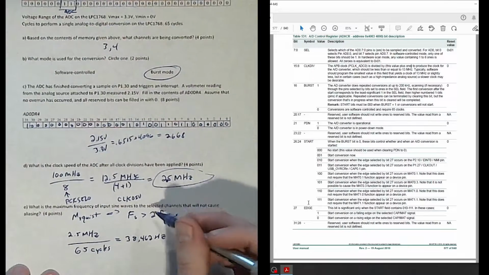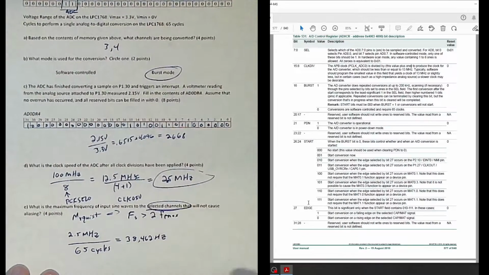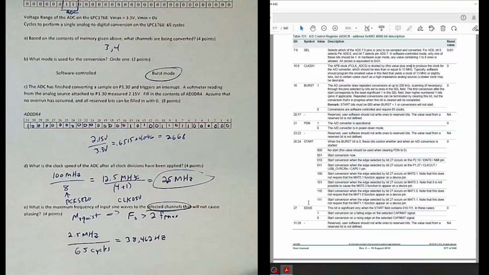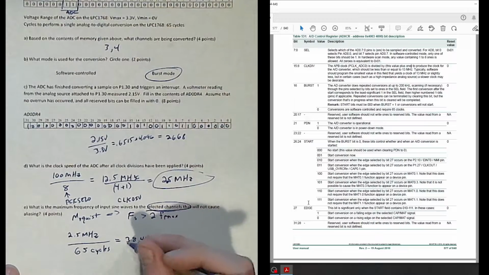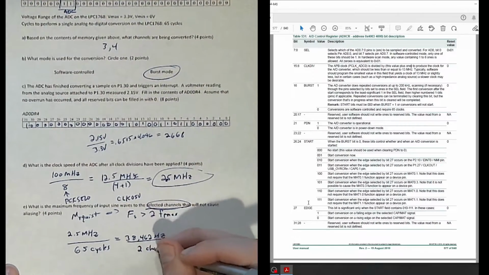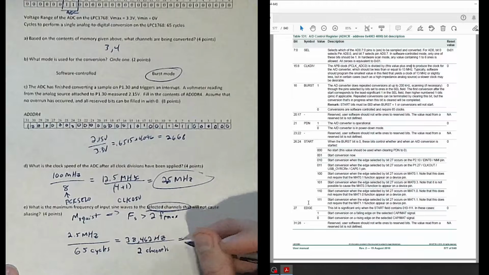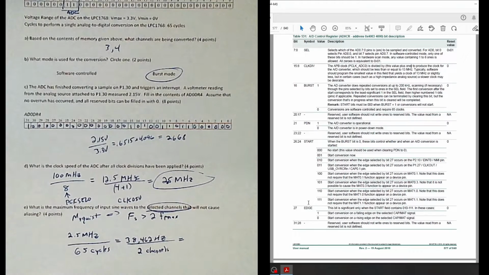The next thing we have to deal with is selected channels. Because we are in burst mode, we constantly convert on the 2 channels that we're converting on. So we're going to divide this by 2 channels, and that's going to tell us the max frequency that we have for both of these.